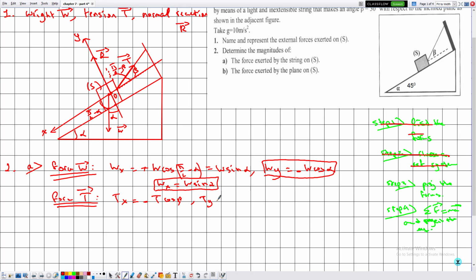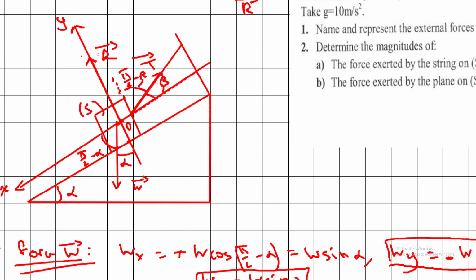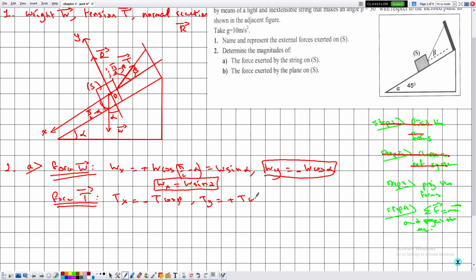And Ty will be plus, because it's pointing in the positive direction of the y-axis, T cosine of pi by 2 minus beta. So this is equal to T sine beta. Then Tx is equal to minus T cosine beta, and Ty is equal to T sine beta.